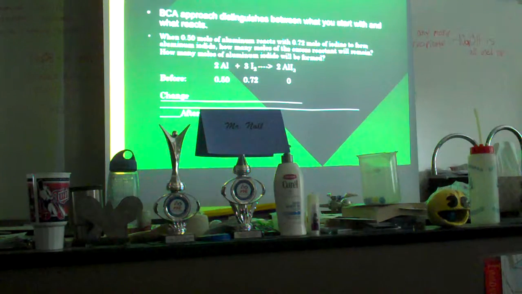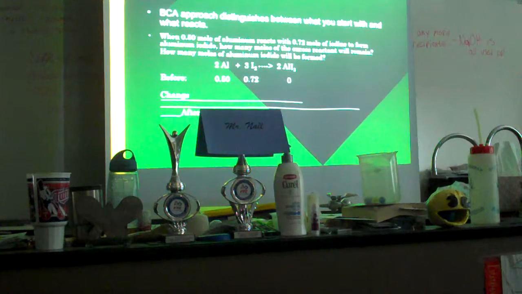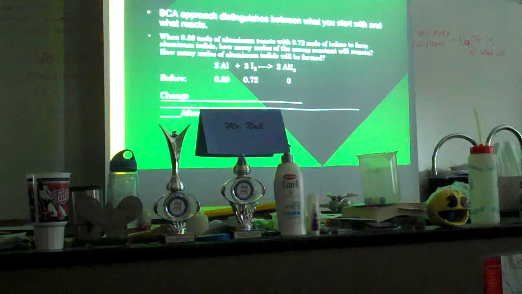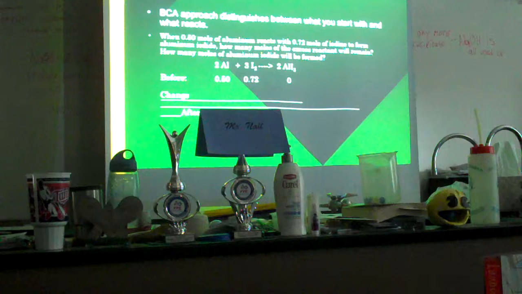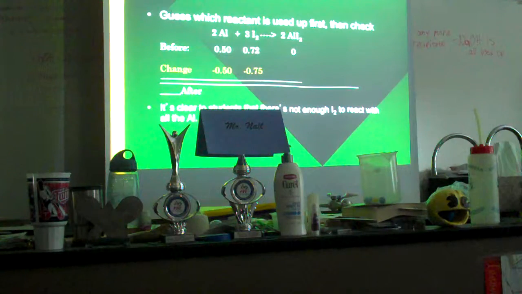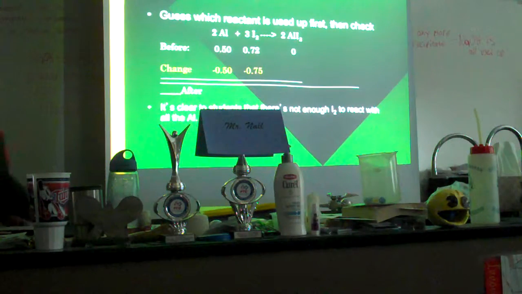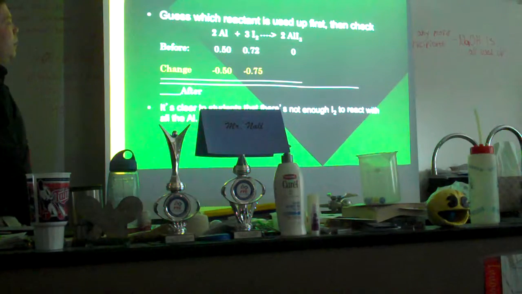Now the next step is to figure out which one is the limiting reactant, based on how much we would need of one versus the other. What they did in the next slide is decide to say, okay, what if aluminum is the limiting reactant? They're using a guess and check method.